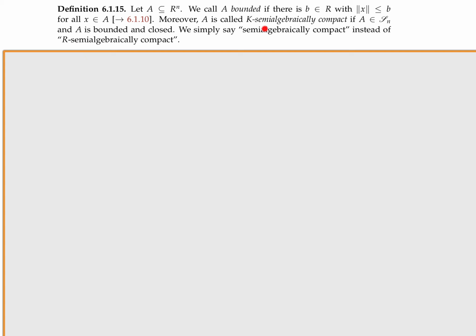Moreover, A is called K-semi-algebraically compact if A is bounded and closed. So closedness is really in the usual sense with respect to this product topology of the order topology. So here we take really the topological notion of closedness.